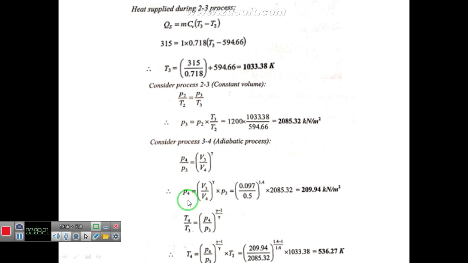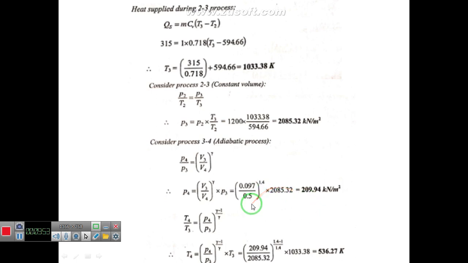Pressure 4 is at the end of the cycle. What is the pressure? It is 209.94. Compared to P3 and P4, P4 will be minimum, because at the end of the cycle the pressure and temperature are reduced.